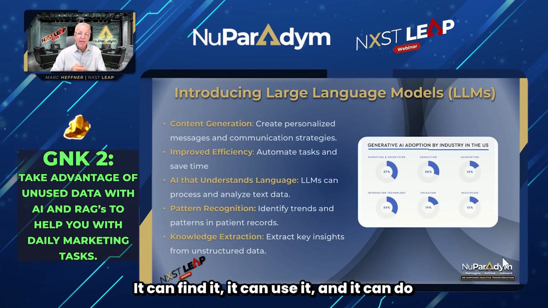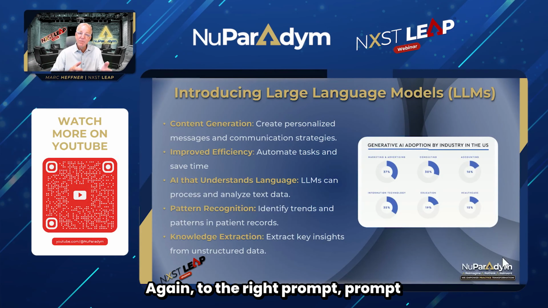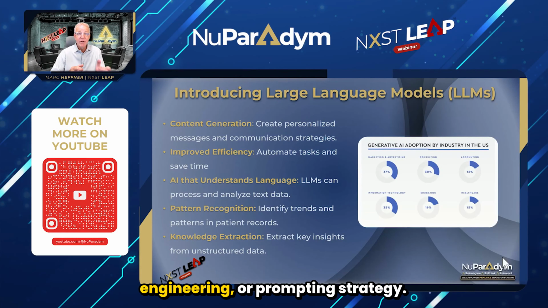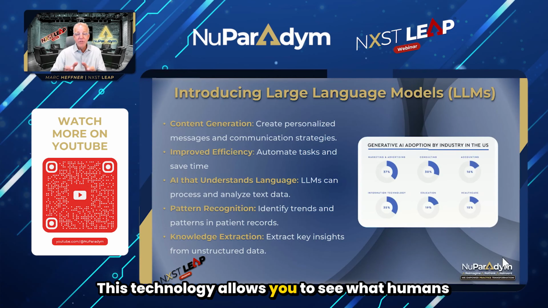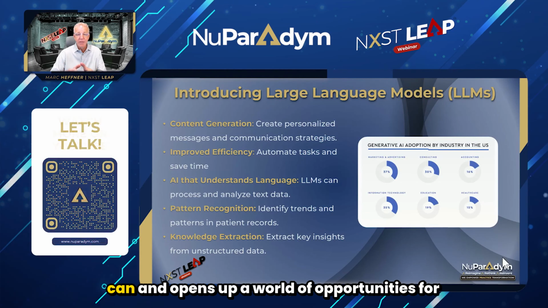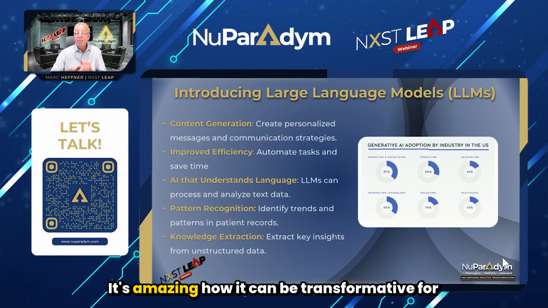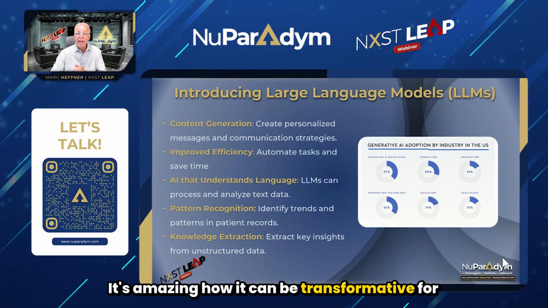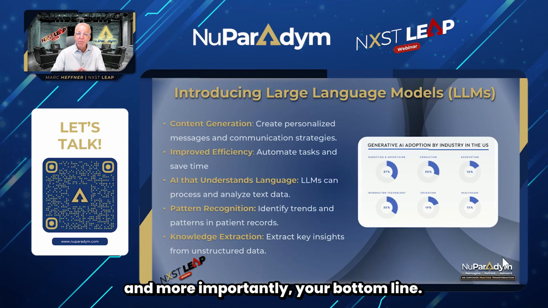It can find it, it can use it, and it can do something with it, again, with the right prompt engineering or prompting strategy. This technology allows you to see what humans can't and opens up a world of opportunities for growth. It can be transformative for you, your team, your practice, and more importantly, your bottom line.